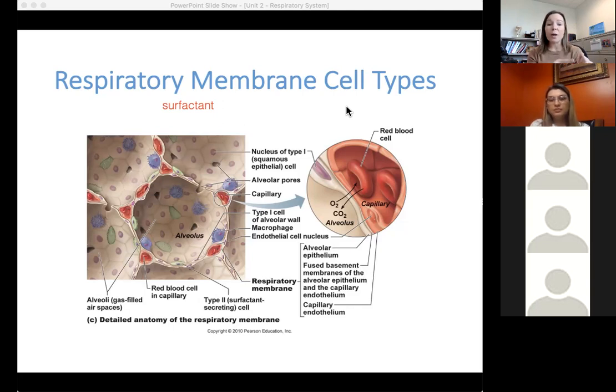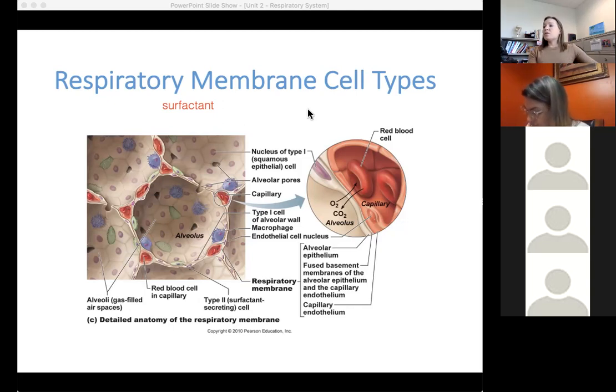You don't want that to happen with these air sacs in your lungs, because if they collapse when air leaves them, like when you exhale, it makes it a lot harder to bring air back in. It would just be harder to breathe again. So you never want your alveoli to collapse, and what prevents that is surfactant.